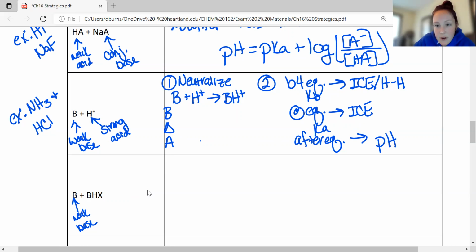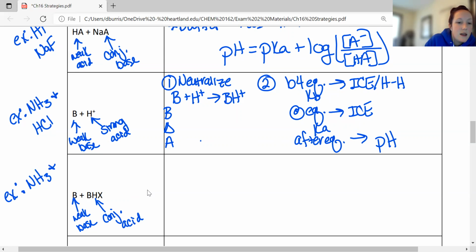Usually it's chlorine. So it's the weak base and its conjugate acid. So it'd be like if I said I had in solution NH3 and NH4Cl.